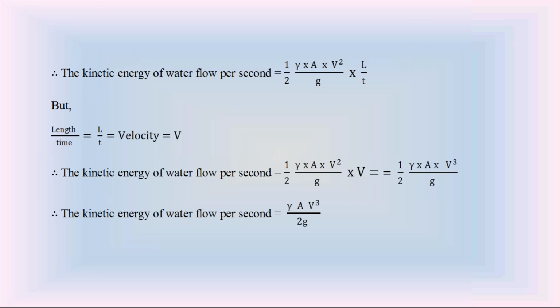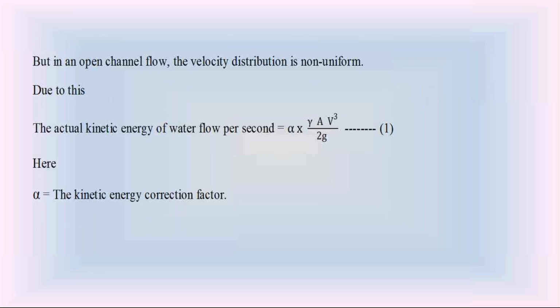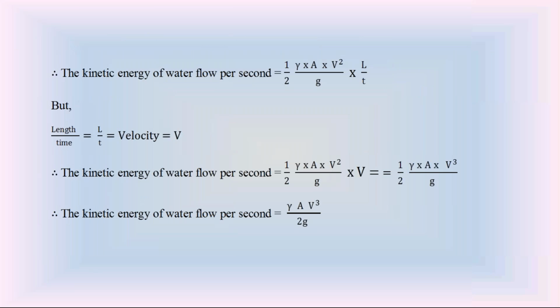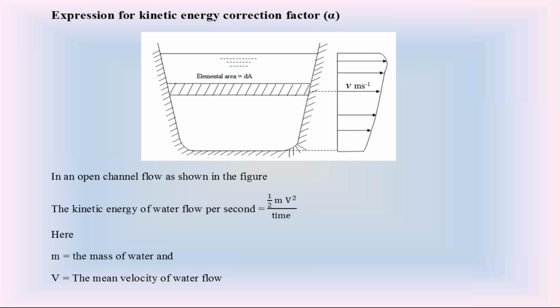Next I am going to explain what is the equation of alpha and what is the equation of beta in open channel water flow. Please everyone follow this equation's derivation carefully. Very important concept. I am going to explain the equation for the kinetic energy correction factor alpha and the equation for the momentum correction factor beta.